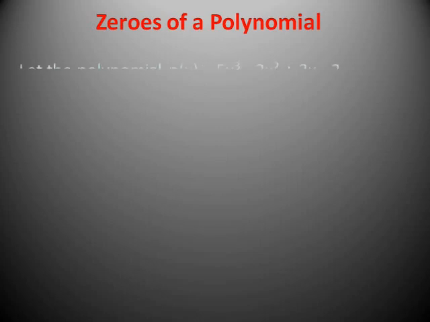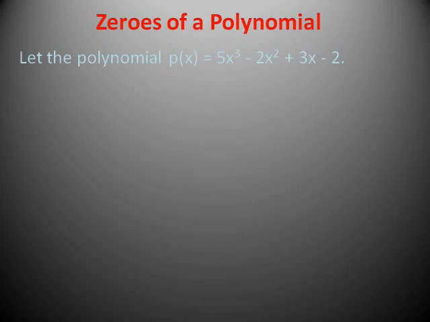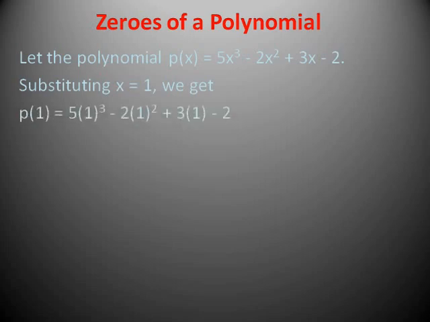To begin with, let the polynomial p(x) equals 5x cubed minus 2x squared plus 3x minus 2. So this is the cubic polynomial. We will substitute x equals 1 in this polynomial, that is, in place of x we are going to substitute 1. So p(1) will be equal to 5 multiplied by 1 cubed minus 2 times 1 squared plus 3 multiplied by 1 minus 2.